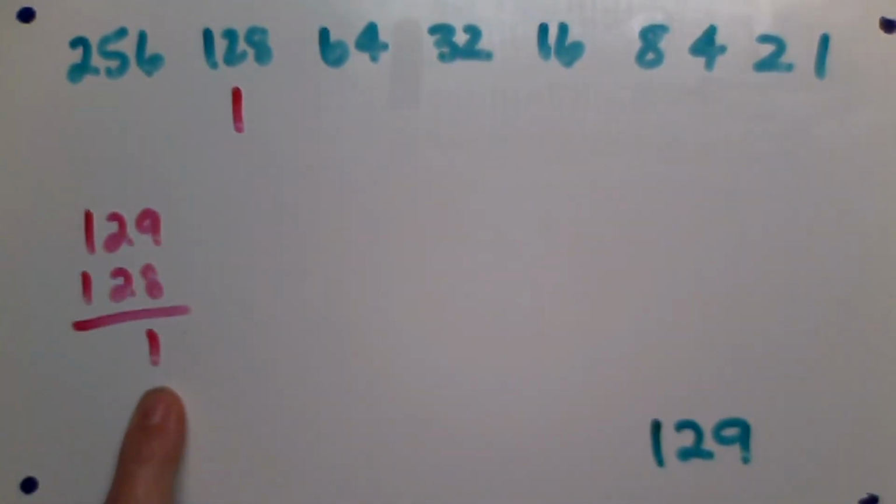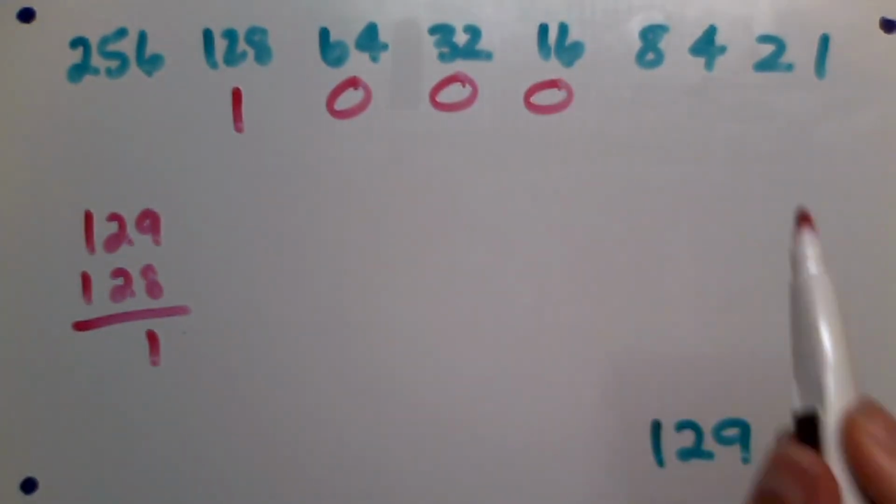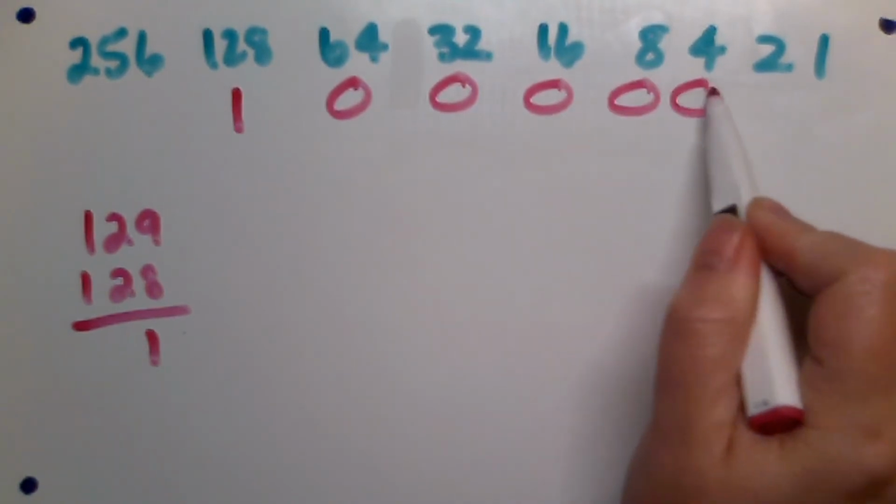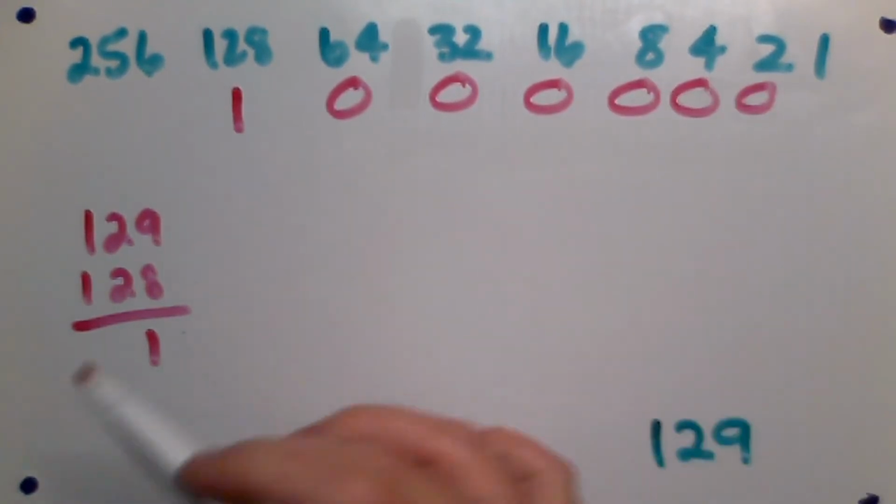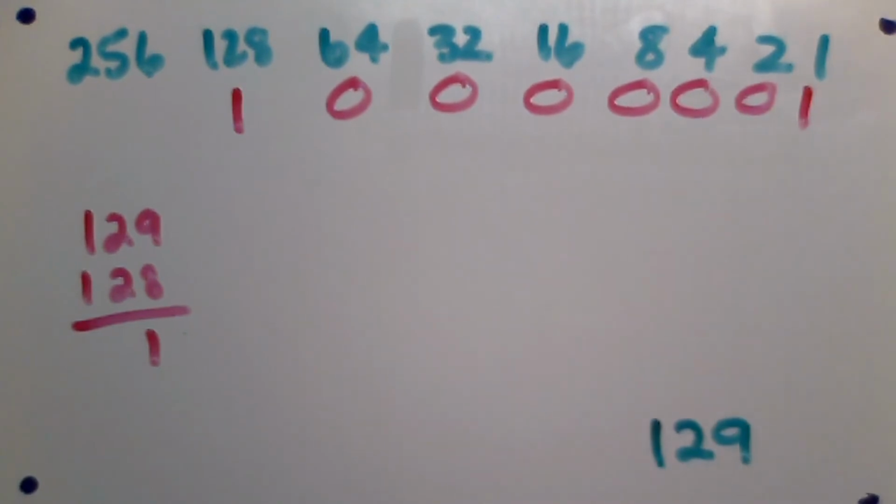All we're left with is a 1. So we cannot fit any 64s into 1. 32 doesn't fit into 1. 16 can't go into 1. Nor can 8, 4, or 2. But 1 at the end does go into 1. So the number 129 in binary is 10000001.